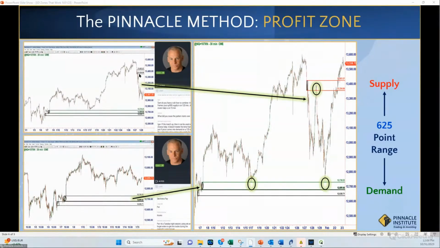Remember, the distance between supply and demand, which is that and that, is our ultimate profit zone, which in this case was a little over 600 NASDAQ points. Okay. And then we just let supply and demand do its thing, right? The key is to apply structure and location analysis to identify all that, and it's just following rules.